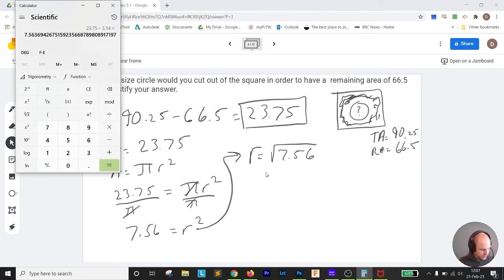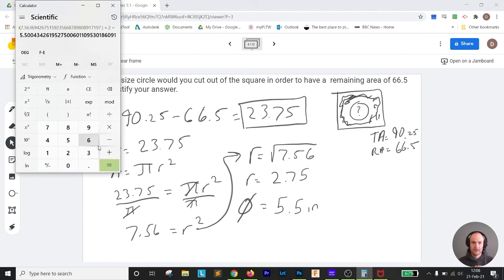And if we do the square root of 7.56, we're going to get a radius of 2.75, or a diameter of 5.5, approximately. So that is the size of our circle, 5.5 inches in diameter.